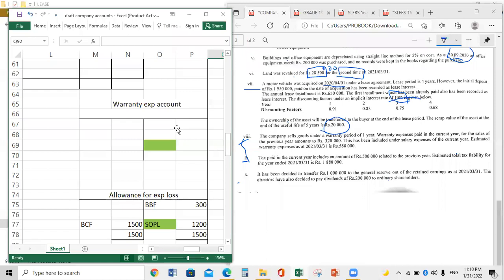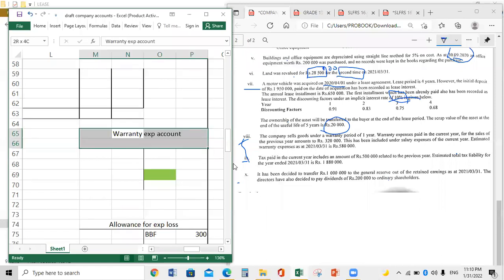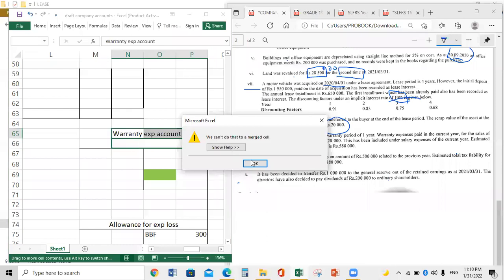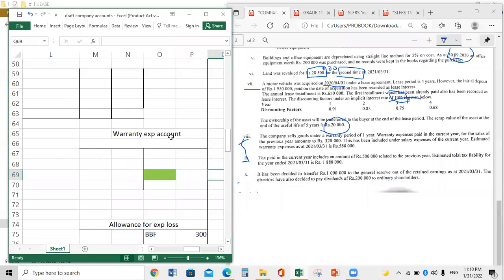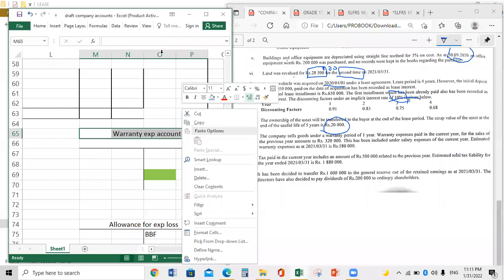Guys, is there any opening warranty given in the question? Yes, 400.